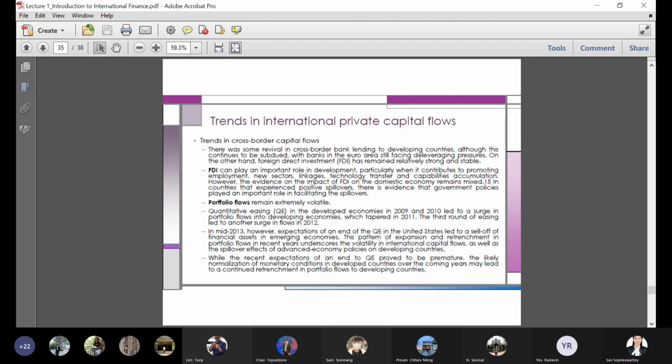So it poses a risk to those developing economies. Recently, there was an expectation to end QE that proved to be premature during that time. So the normalization of monetary policy conditions in developed countries over the coming years may lead to a continued retrenchment in portfolio flow for developing countries as well.